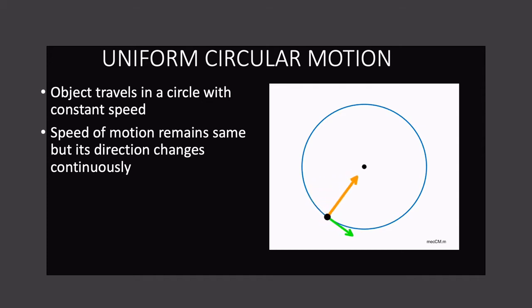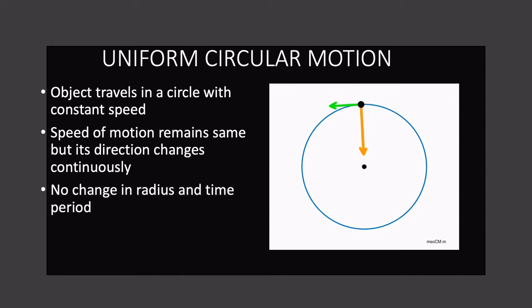So if the object starts its motion with a particular speed, for example 10 meters per second, throughout the motion that speed, or that magnitude, remains the same. The radius and the time period also remain the same in uniform circular motion.